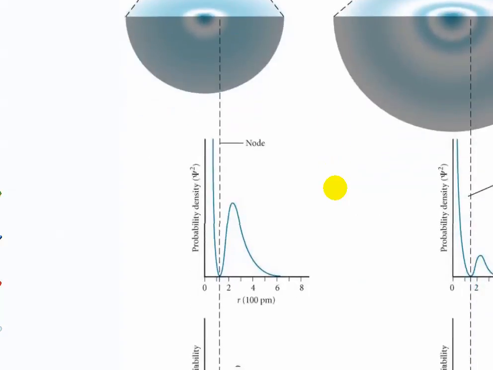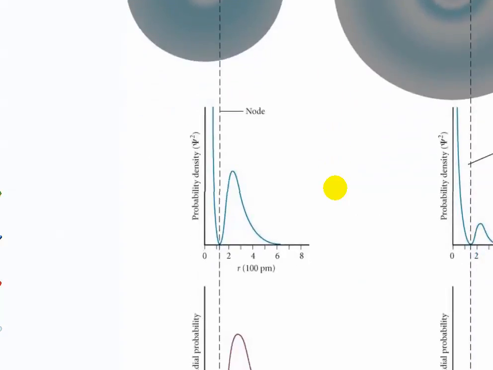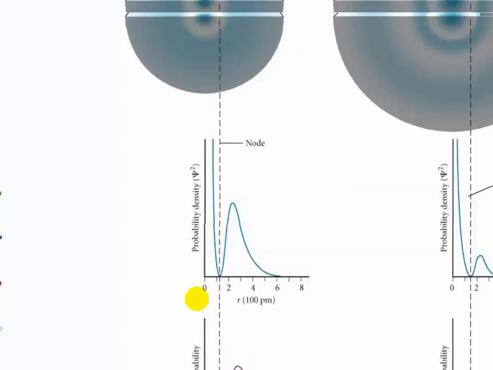And a node is an area of 0 electron probability. So that means that an electron can never be in that spot. Which is interesting because it can be on either side of it, but it can't actually be in it. So it is on one side and then on another side without actually going through that because it can't be there.